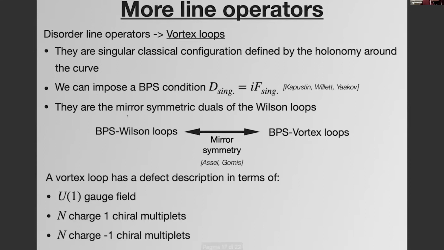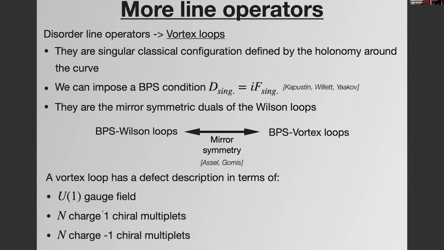They also provided a nice defect description of the loops in terms of one-dimensional quantum mechanics coupled to the bulk theory. In particular, the content of the 1D theory is a U(1) gauge field and charge 1 chiral multiplets and charge -1 chirals.